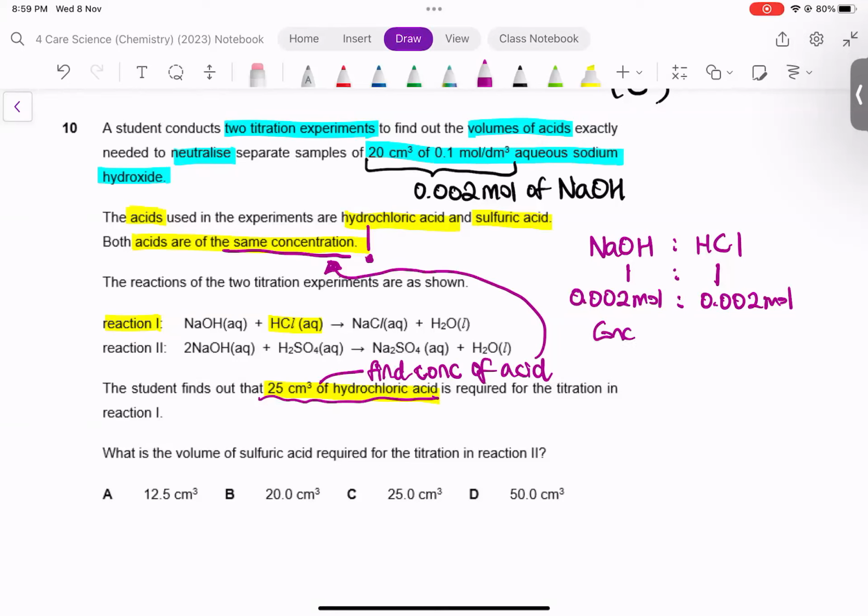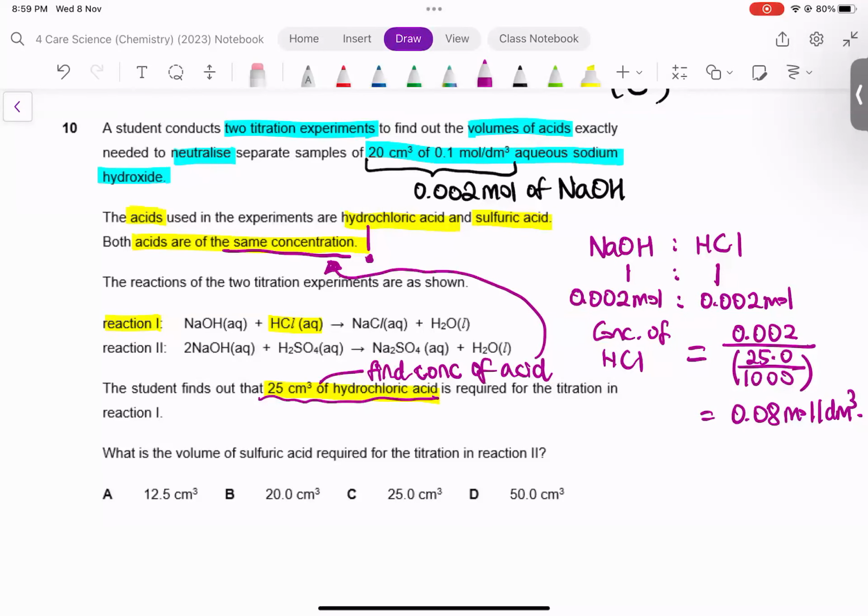So what is the concentration of HCl? This is where we use the formula triangle NCV. C is N over V. And that gives me 0.08 moles per dm cube.